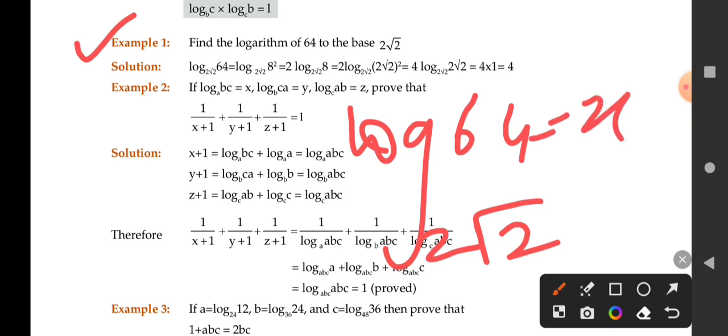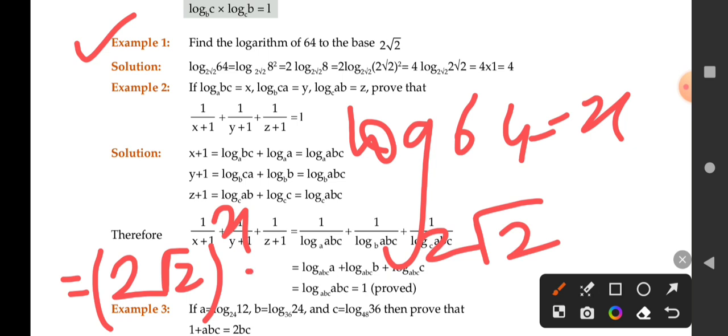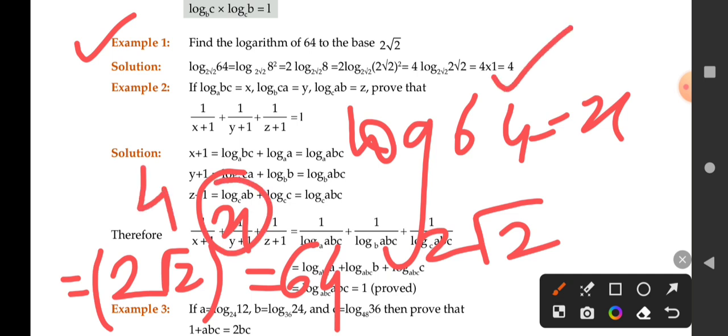Let us transform this first: 2 root 2 to the power x is equal to 64. On your calculator, 2 root 2 equals 1.414, and so x becomes 4. Correct answer.